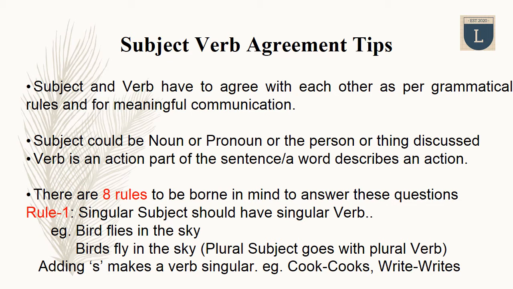Example: bird flies in the sky. Bird is singular and flies is a singular verb, so they agree with each other. Take a plural: birds fly in the sky. A plural subject goes with a plural verb.